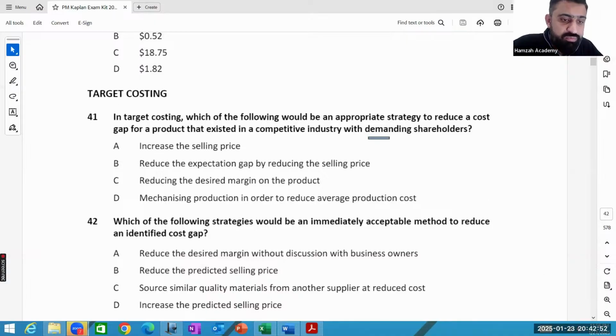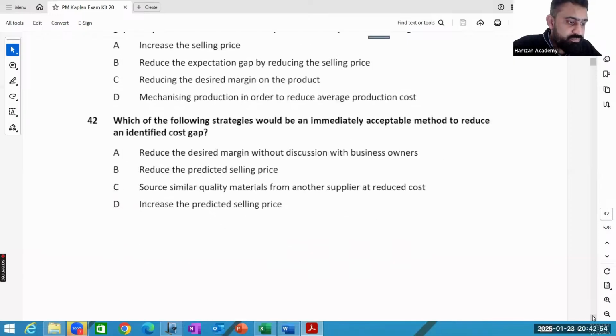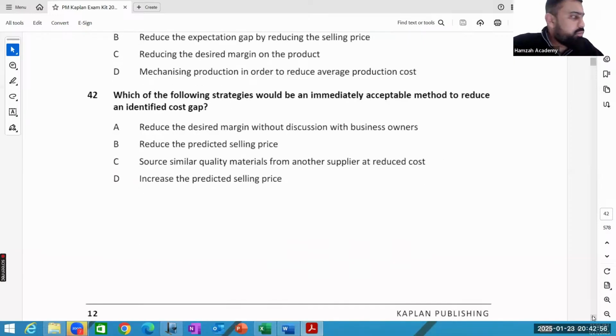Now question number 42. Which of the following strategies would be an immediately acceptable method to reduce the identified cost gap? Again, to reduce the cost gap, you have to reduce the expected cost.